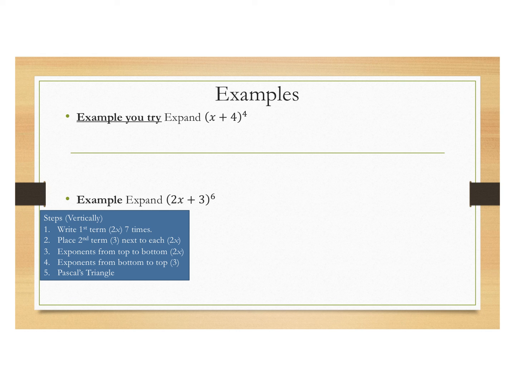If we look at our next example, we're going to do the same thing but in a vertical fashion. Notice we have a 6. So when we do our Pascal's triangle, we want to continue expanding it until we get a 6 inside the exterior ones.